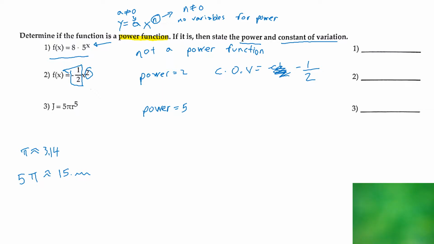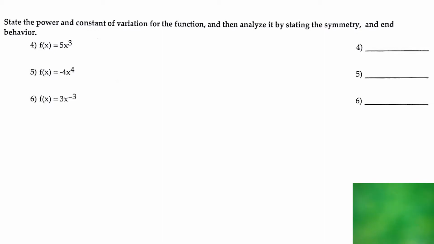So this number in front, 5 pi, is going to be our constant of variation. So our constant of variation is going to be 5 pi. So from what we just said, questions 4, 5, and 6 are all going to be power functions.